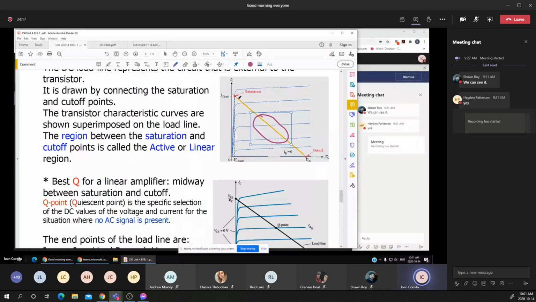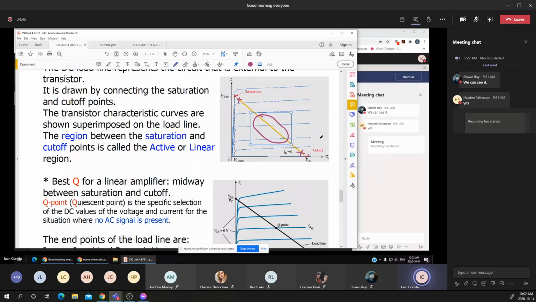If the transistor is placed close to saturation or close to cutoff, the input signal will be limited. That means I'm having just a small amount of voltage or current that can be applied in either of those two extreme areas, close to saturation or close to cutoff.